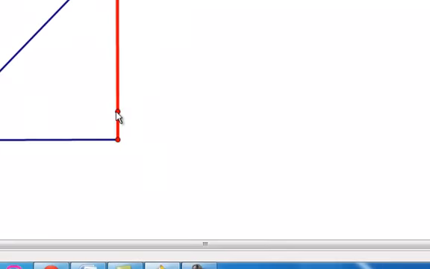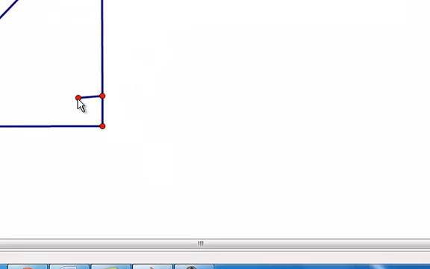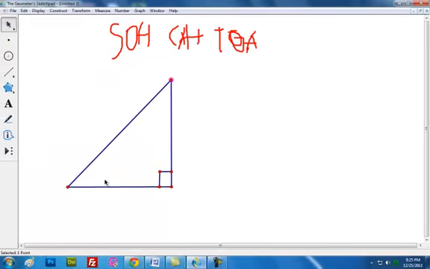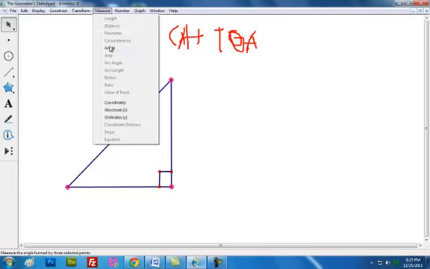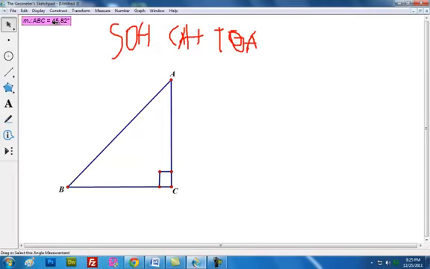Okay, so we have a right triangle here. And this angle right here is 45 degrees, and we're going to try and figure out x and y.